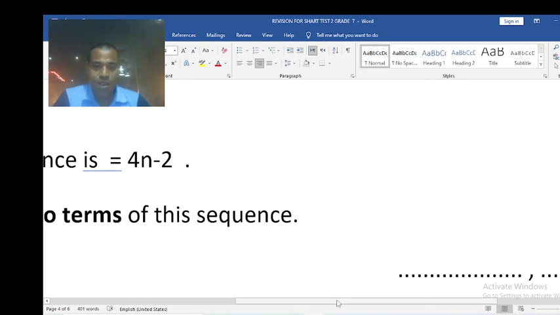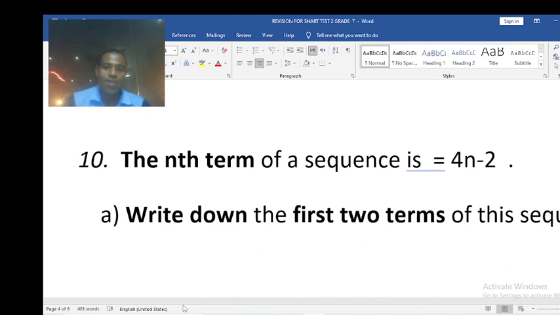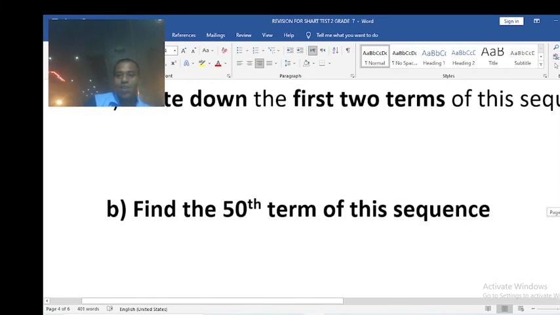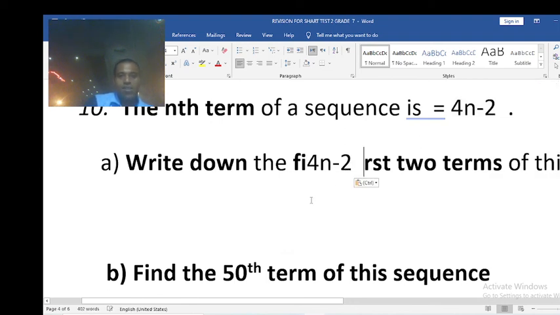Now we move to the next question. The nth term of a sequence is 4n minus 2, meaning 4 times n minus 2. The question is, write down the first 2 terms of this sequence. You are going to use the nth term of the sequence, which is 4n minus 2.